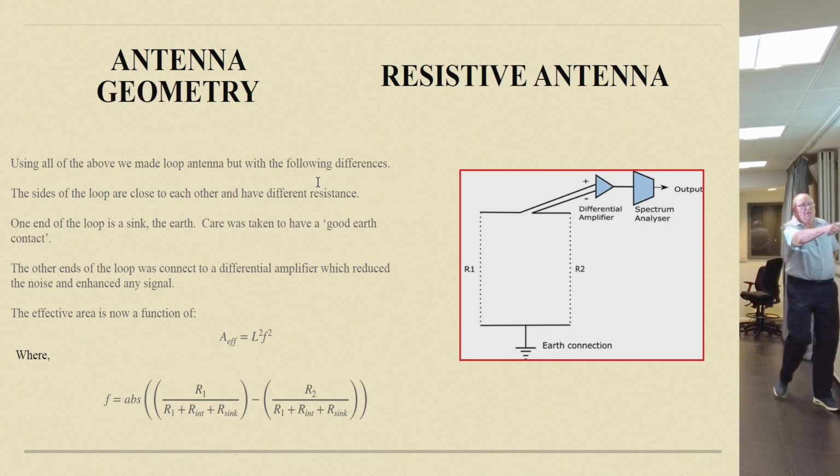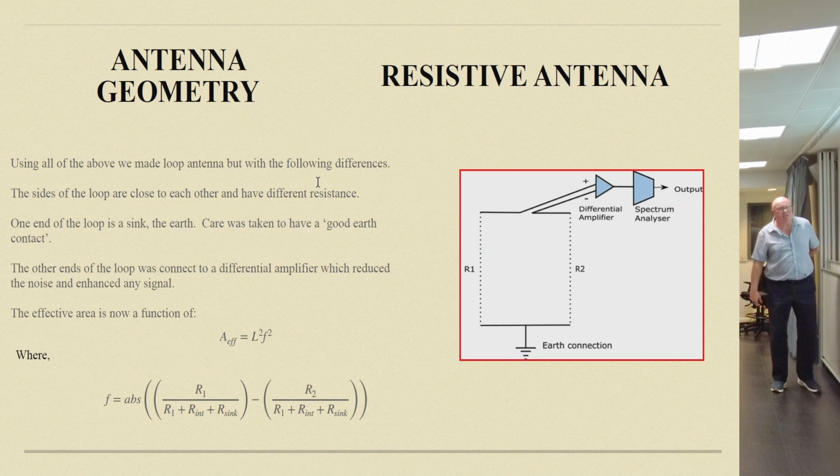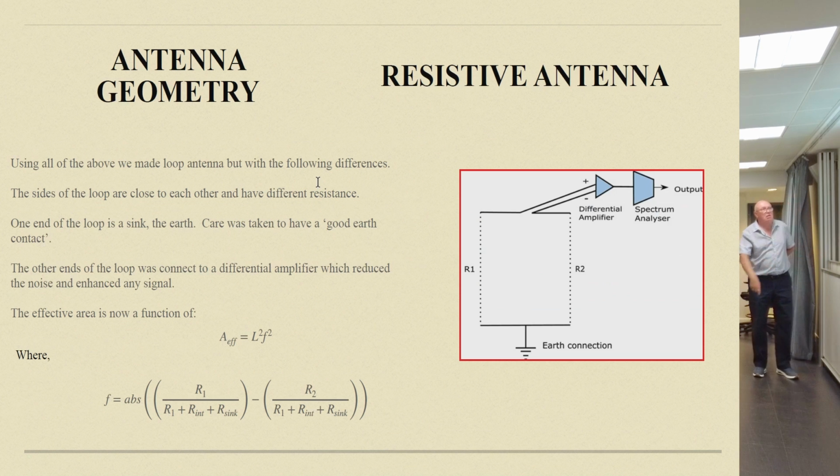Right, if you take the normal loop, but instead of taking just a continuous loop of conductor, you replace it with two conductors, R1 and R2, the sides of them, and these have different values of resistance.